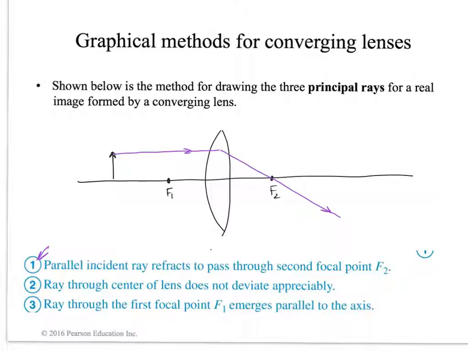And just as we did for mirrors, sort of the opposite happens. We're going to do 3 because I like the symmetry of it. If the light ray passes through the focal point on the way to the lens, when it actually passes through, it will emerge and travel parallel to the axis.